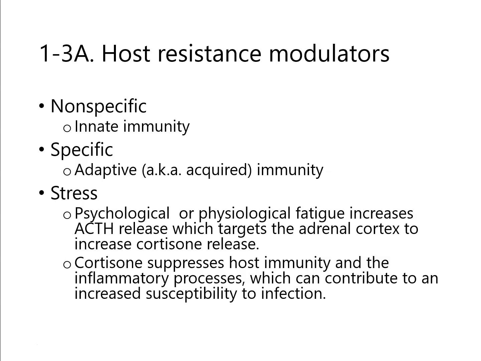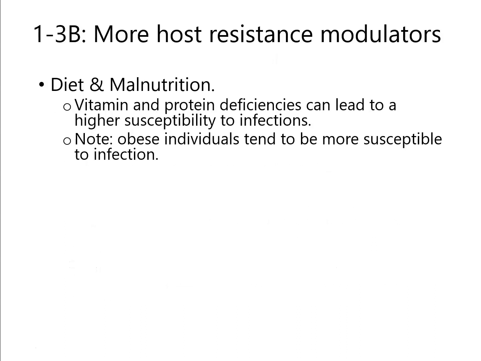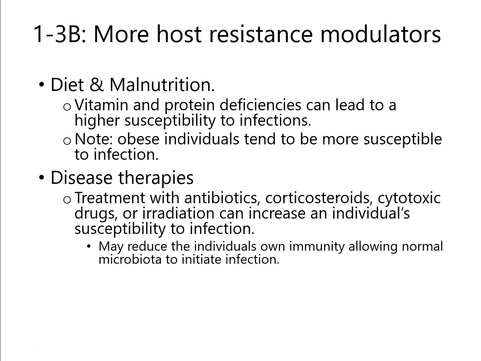This is one known way stress can lead to more susceptibility to infections, but there are lots of other things we see where a person who has had one disease is more susceptible to the next one. Things like diet, antibiotic treatment, anything meant to tamp down inflammation, these can all make a person more susceptible.